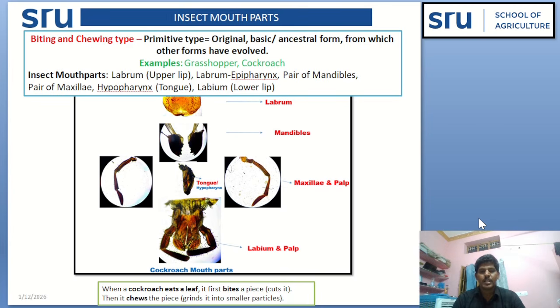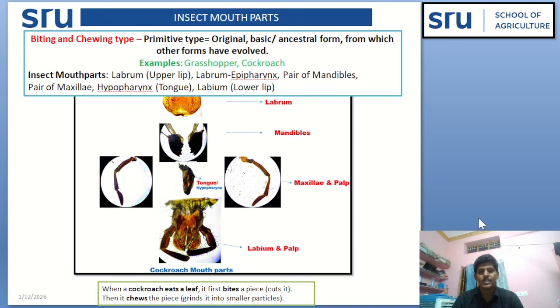Biting and chewing type of mouthpart. These are the primitive type of mouthpart. Meaning these are the original, basic or ancestral form from which other forms have evolved, such as piercing and sucking and other mouthparts like sponging type, all evolved from the biting and chewing type only.